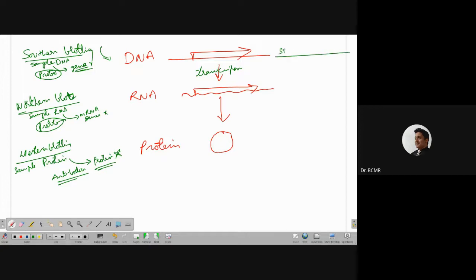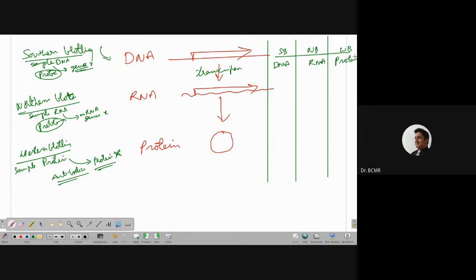I will just put it as Southern blotting, Northern blotting, and Western blotting, so that we can go through it and eventually do the problem that we want to discuss in the next slide. In Southern blotting, the sample is DNA. In Northern blotting, the sample is RNA, and in Western blotting, it would be the total protein. Then about the probe: the probe is nucleic acid based, and the same is the case here.